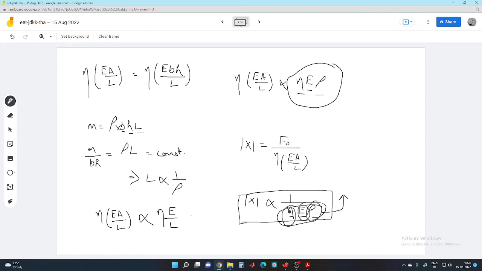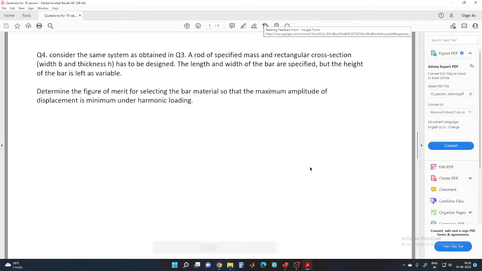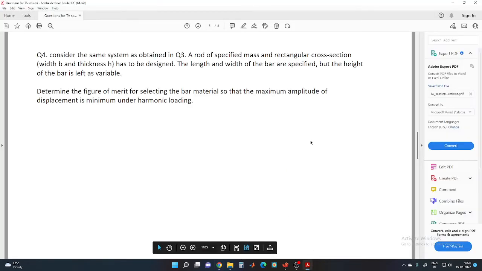So we have to consider all these three factors of the material simultaneously, and then decide if that material is better or not. So just try it by yourself. There is a class example on beam stiffness, and this example was on bar stiffness. Based on that, if you still have doubts, you can discuss it on the discussion forum on NPTEL.